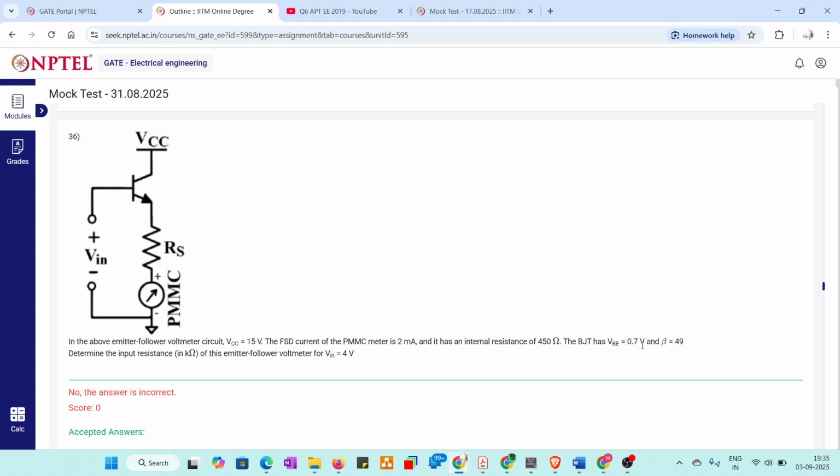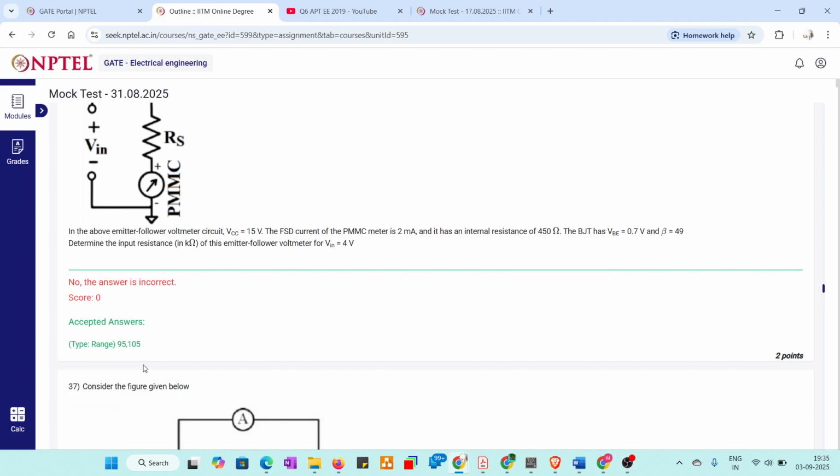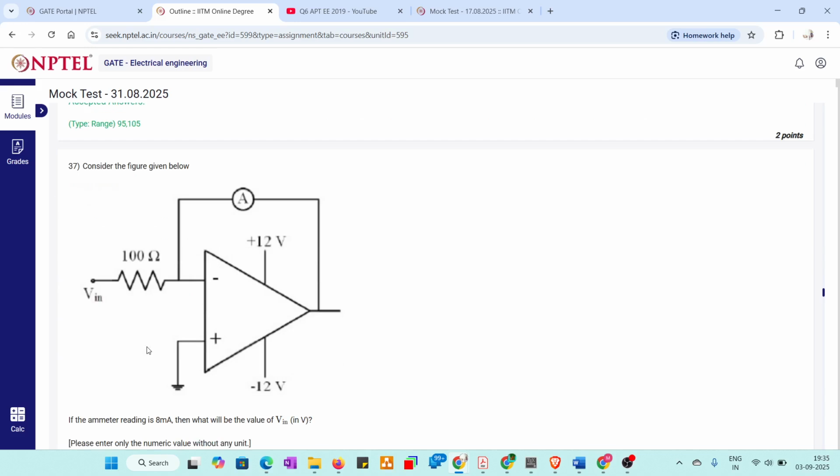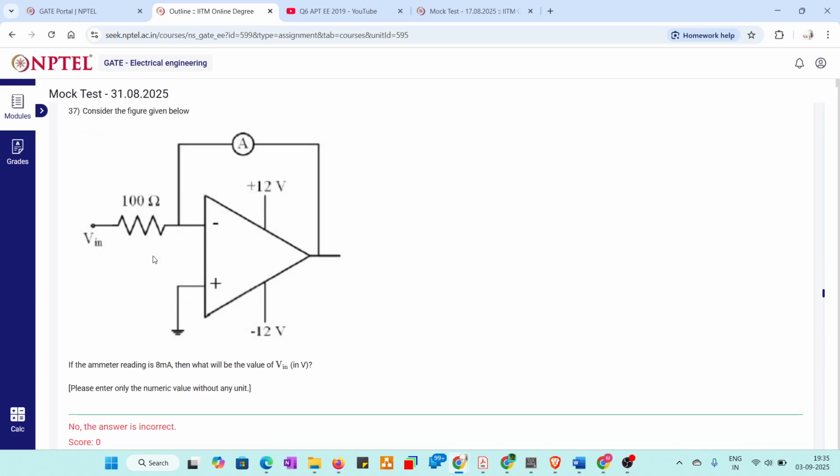The BJT is 0.7 volts and beta is given, and input resistance is given at the emitter point. So we need to find out the differential input resistance. Here the accepted answer range is 95 to 105. So here is the ammeter reading. So what is the input? Okay, so I think okay.